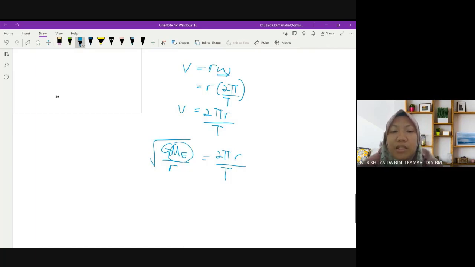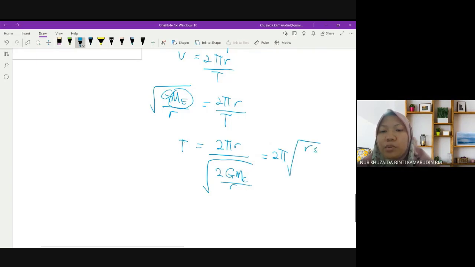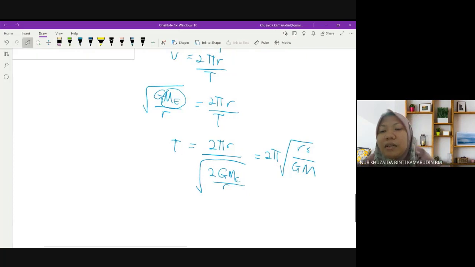So it means that what you're gonna have is T equals with 2 pi R over square root of GME over R. So rearrange this one, after all you akan dapat 2 pi square root of R cube over GM. Okay, alright. So again, mass ni tak berubah, dia masih lagi mass of the earth.